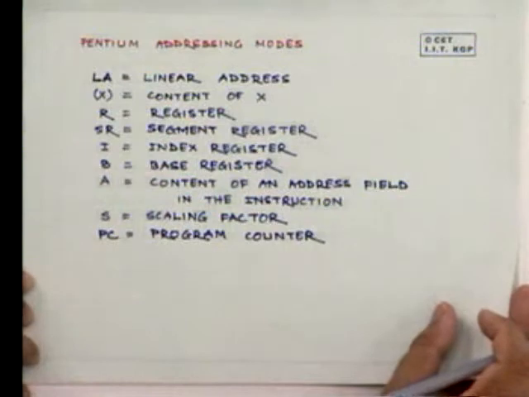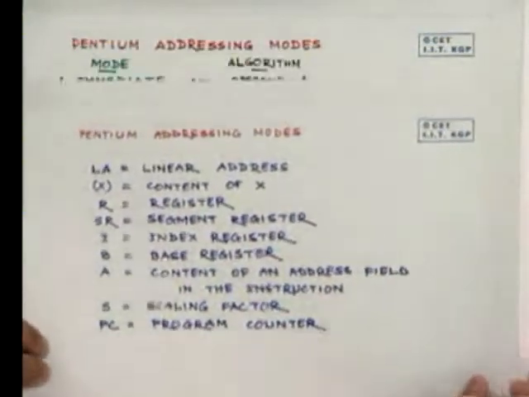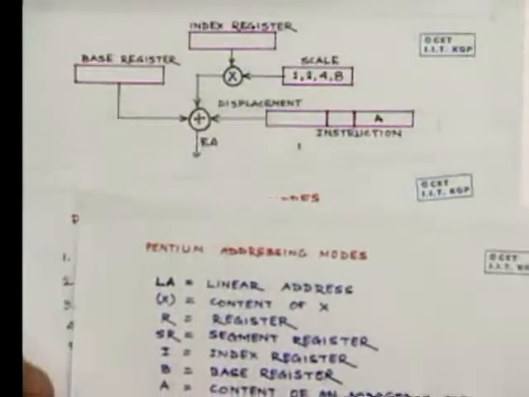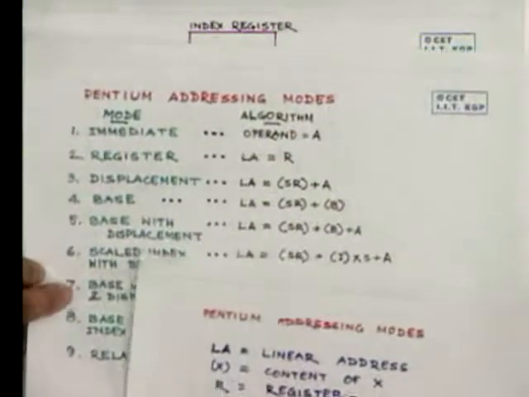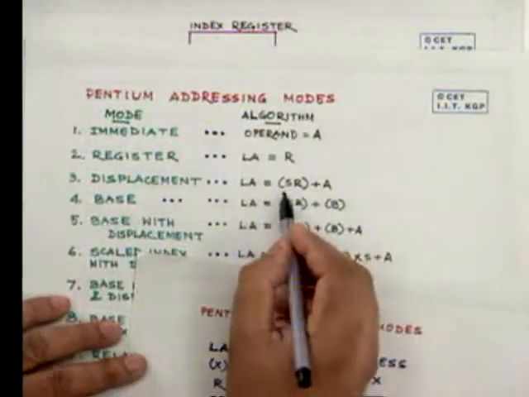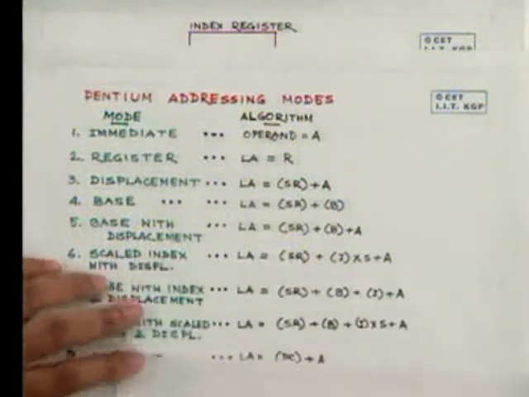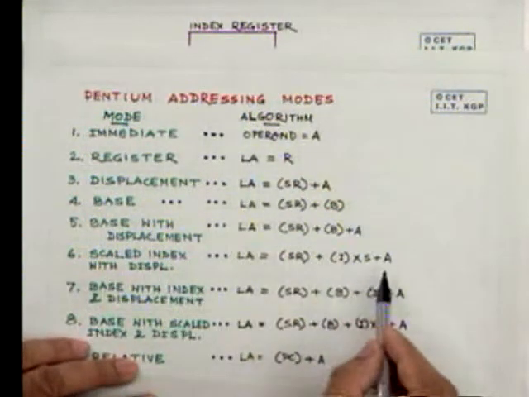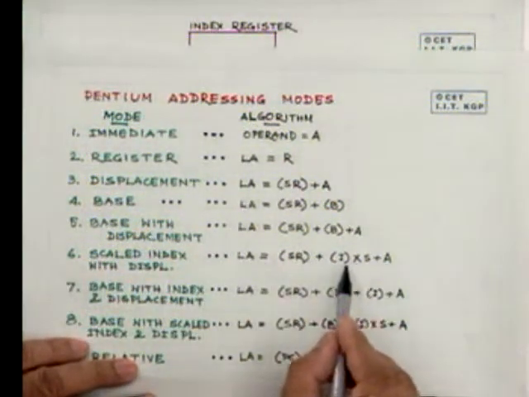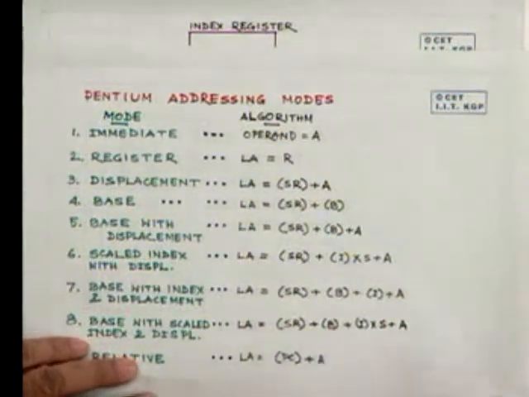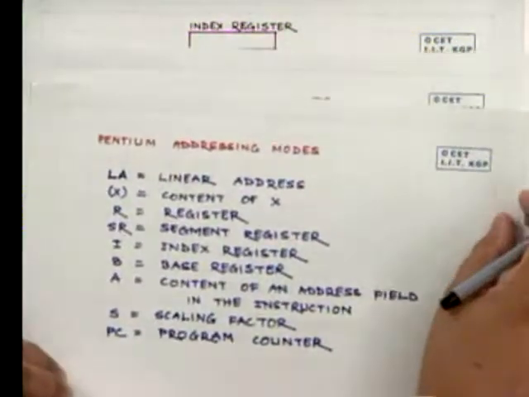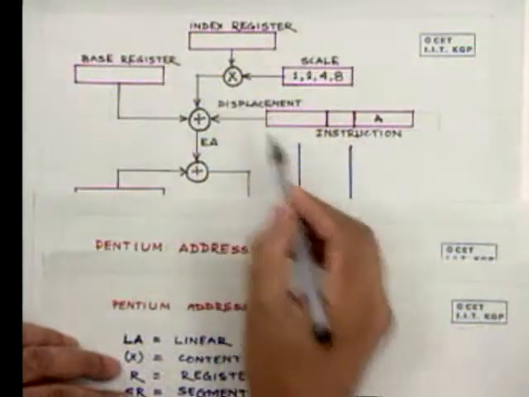When I say it is taken as a displacement, it may be the other way around also, that this is the address and this is taken as a displacement. Therefore, what is important is that this A comes from the instruction.